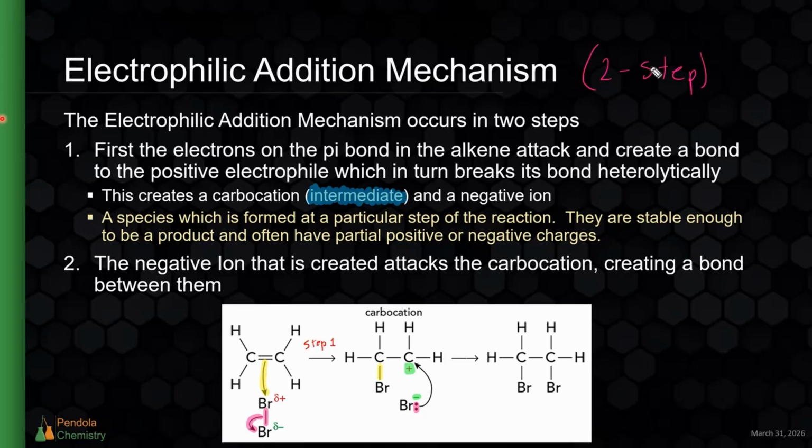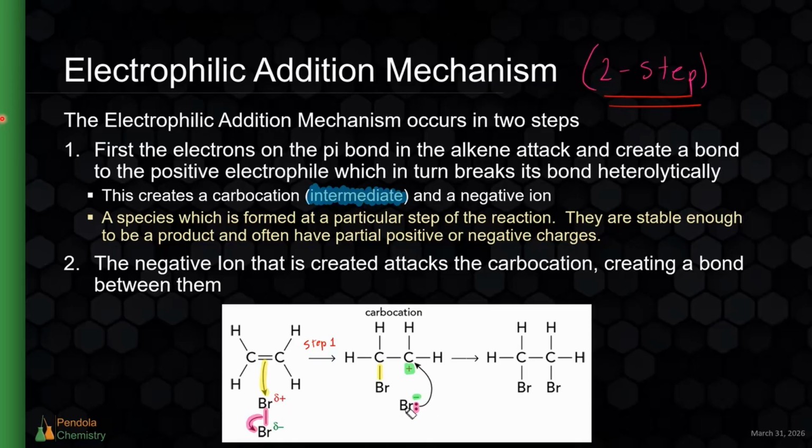Now, we did say this is a 2-step mechanism, and that first step creates a carbocation, not a dihalogenoalkane in this case because we're using bromine. In the second step of this reaction, that negative charge and that positive charge, existing so close together, are naturally going to attract each other.